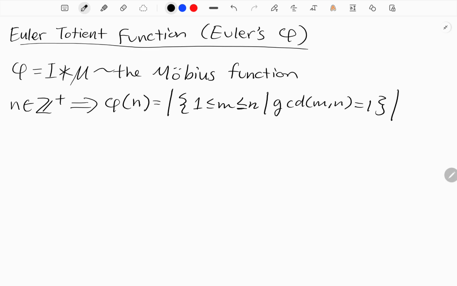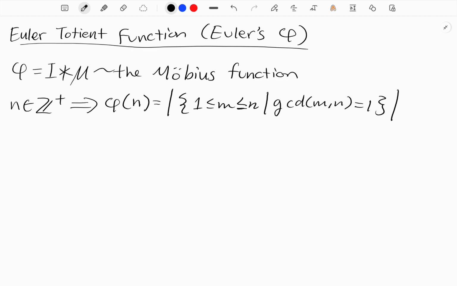If n is 1, then GCD of 1 and 1 is 1, therefore phi of 1 is equal to 1. So once again it satisfies the property for multiplicative functions that f of 1 is 1. This Euler's phi, the Euler totient function, is used in BCH codes, and it's also used in RSA encryption systems, which is widely used for secure data transmission.